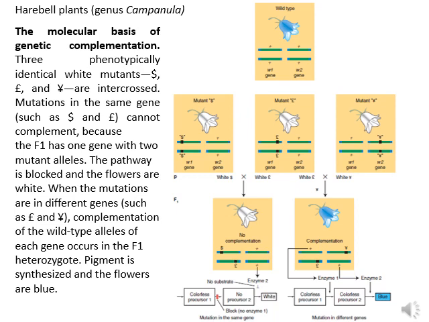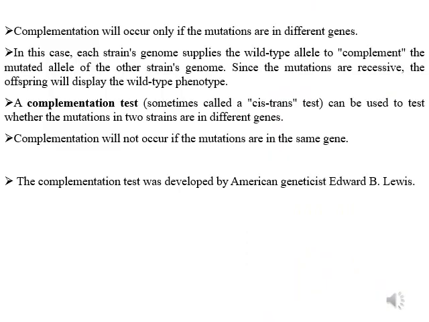So this is the molecular basis, with the second example. Complementation will occur only if mutations are in different genes, and in the examples that we studied, each mutant strain's genome supplies one wild type allele to complement the mutated allele.